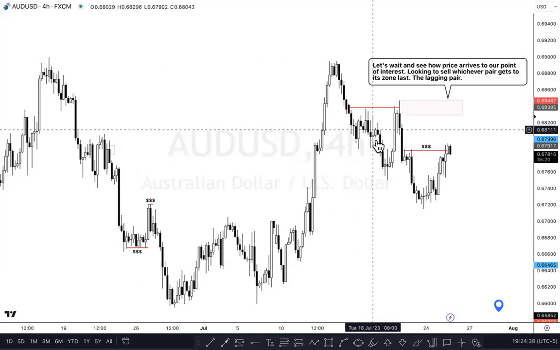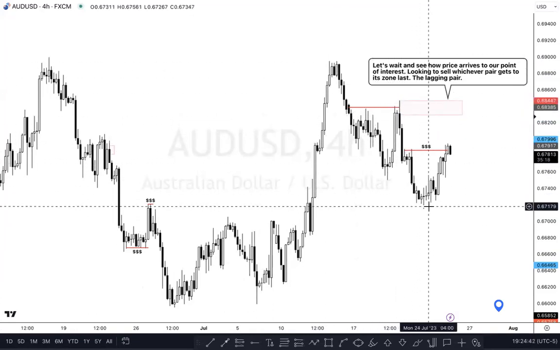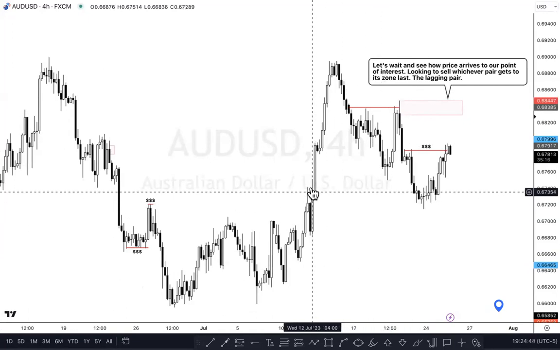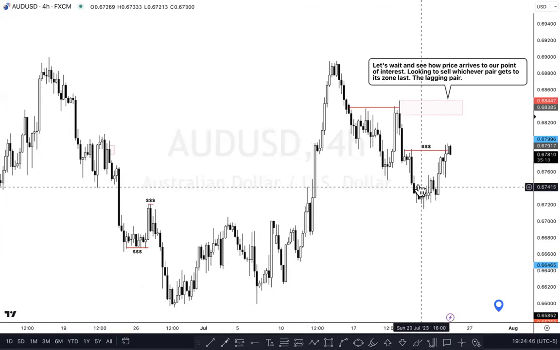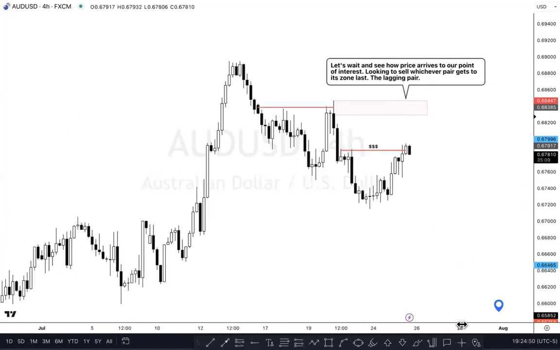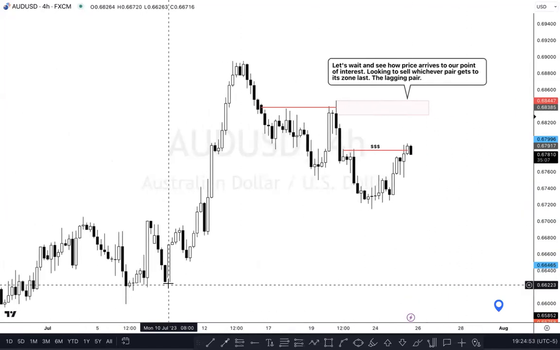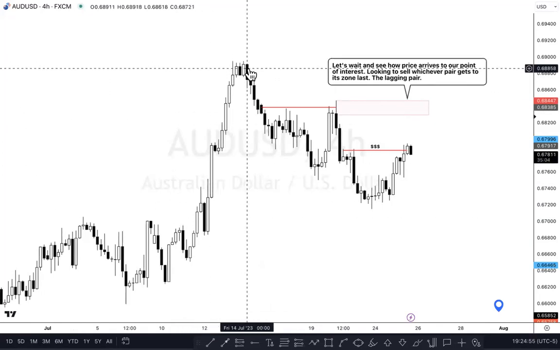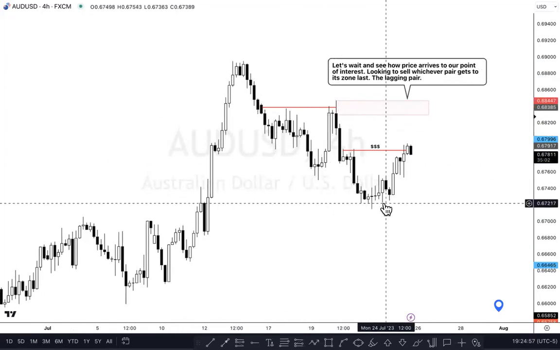The market's been just chopping away, working its way down, and it wasn't until we finally got back to here that the market started to shift again, right? We started to kind of lose momentum. So with AUD USD, we have been more bullish overall, and the retracement's been very slow.